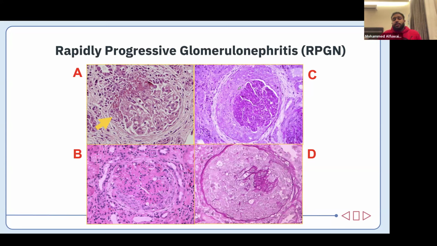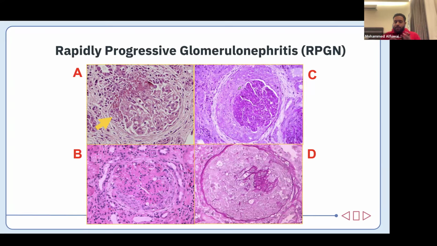RPGN is an entity of other diseases. So other diseases can cause RPGN, okay? Now, how do we tell the difference of what's actually causing the RPGN? You guys tell me. What is one thing I will do that will tell me what type of RPGN this patient has? Immunofluorescence, good, okay?